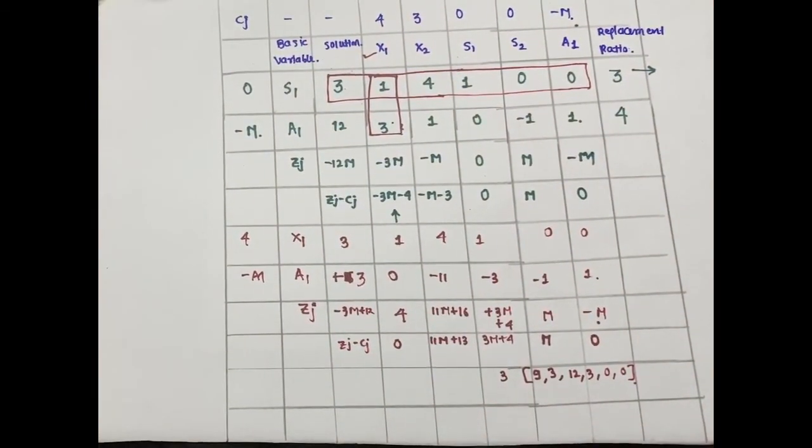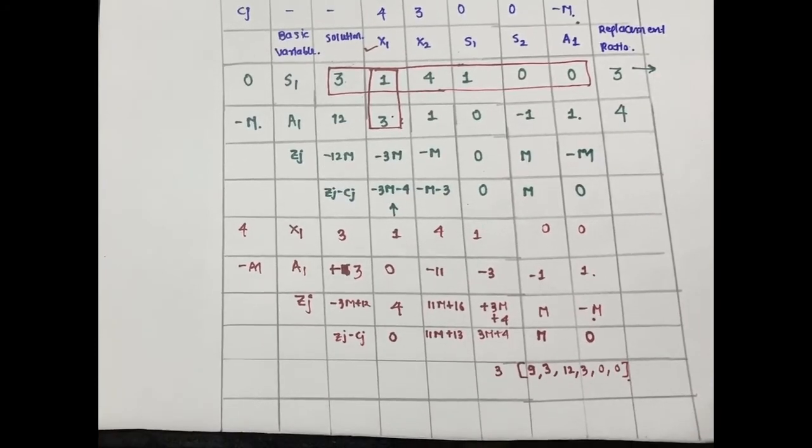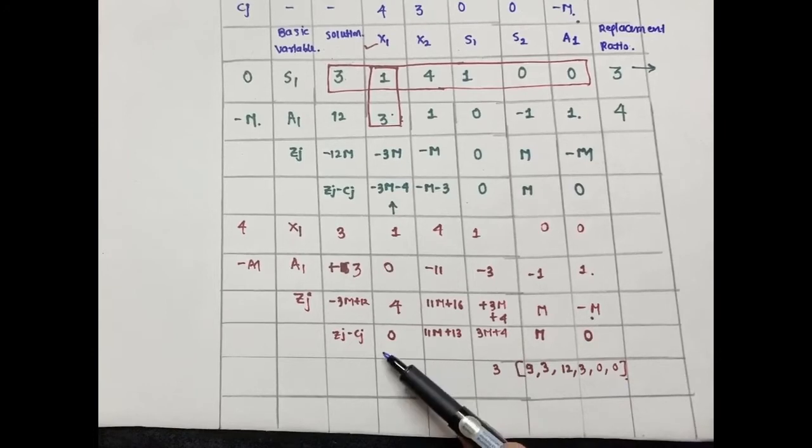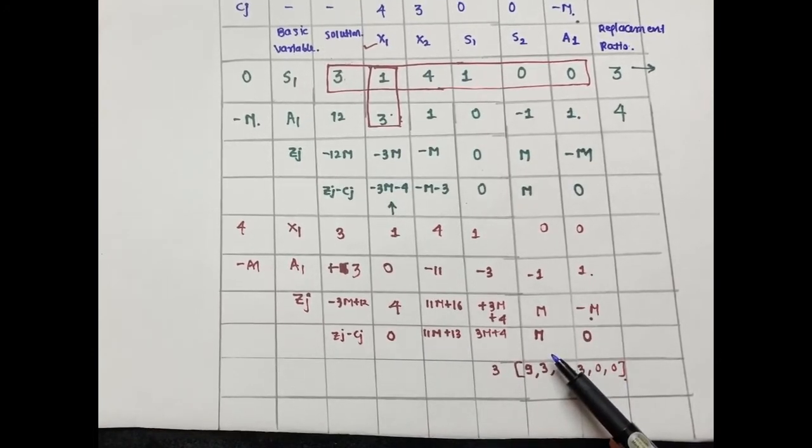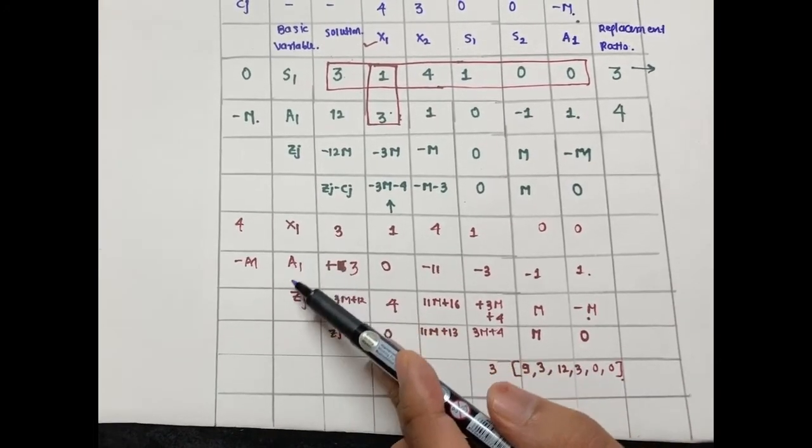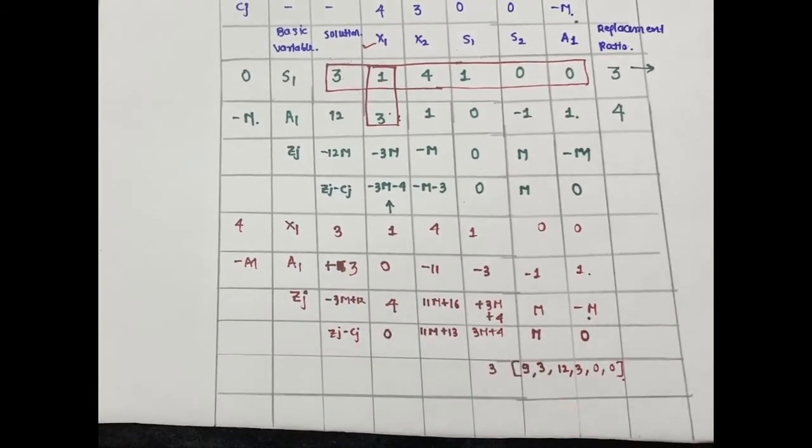So whenever we have all these zj minus cj values as positive values, as you can see over here, but at the same time you have a presence of an artificial variable in the basic variable column, it indicates that the solution is infeasible. So in the simplex method we have studied all the cases.